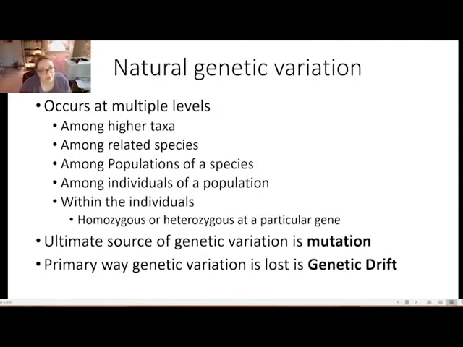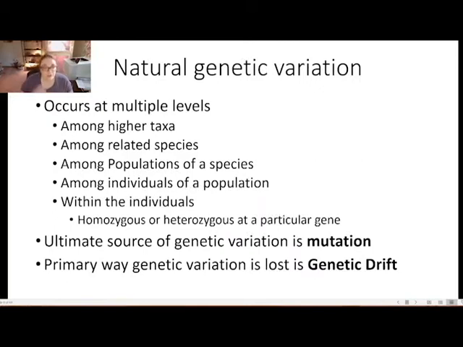So what we're talking about here with changing allele frequency, different allele frequencies, is natural genetic variation. And this can occur at multiple levels. So you can have it among higher taxa, among related species, among populations of a species, among individuals of a population, and even within the individuals.